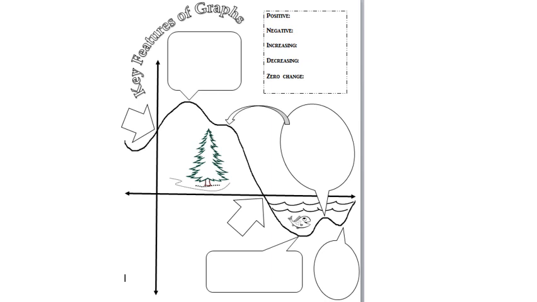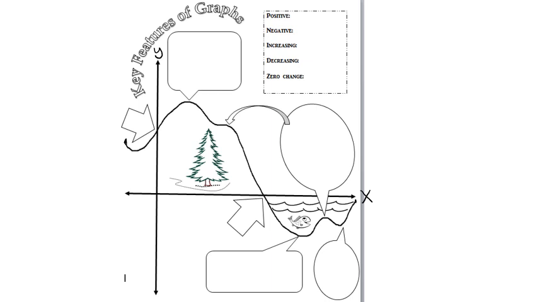So first things first, this is just a regular graph. Here we have our y-axis, here we have our x-axis, and then as you can see, the function starts right here and ends over here. So we're just going to talk about that and its different parts.